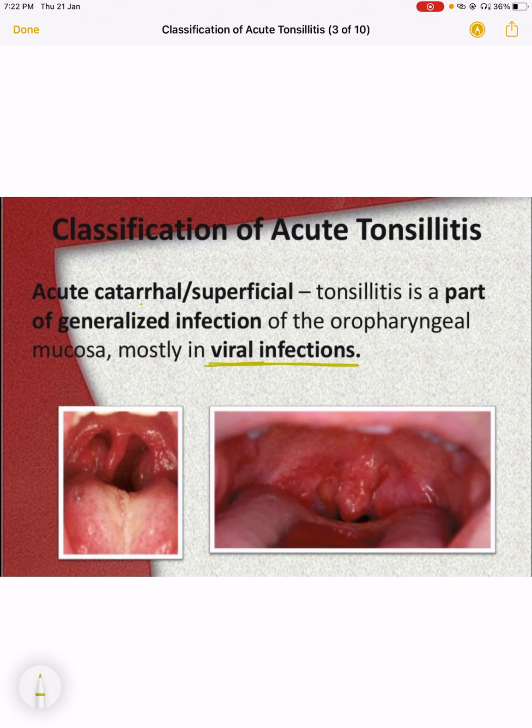In this condition the tonsil is red and inflamed. See, a red and inflamed tonsil is seen, and it is associated with viral infection. This is the thing you should remember.